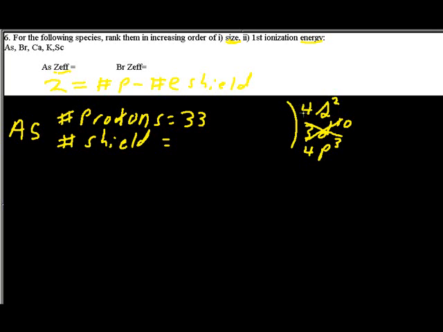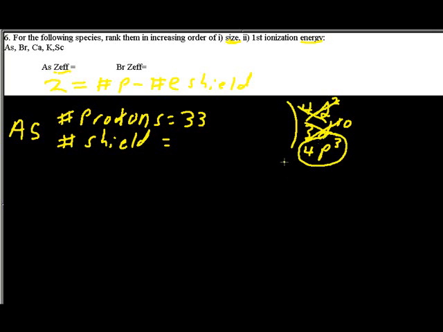The s orbital and the p orbital are both in the 4th shell, but the s orbital sits inside, or is at a lower amount of energy than the p. So the 4s2 is also creating shielding, and all of that is being shielded on those 3 electrons in the p.